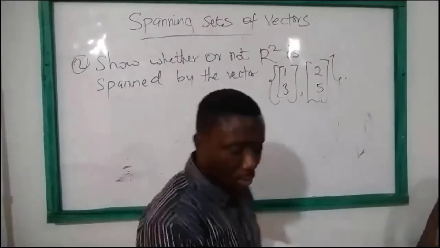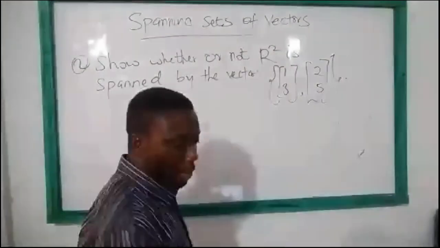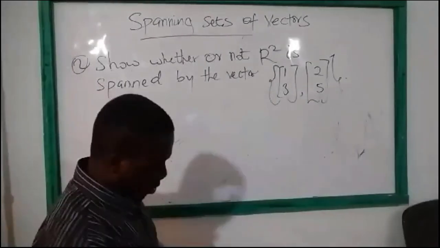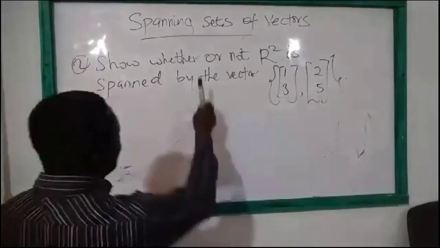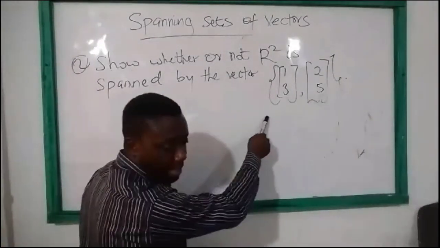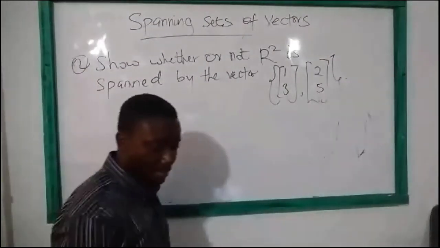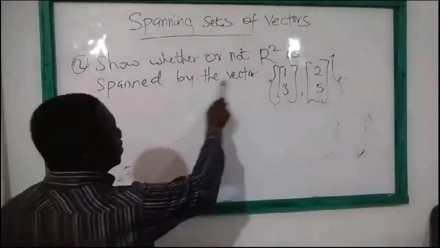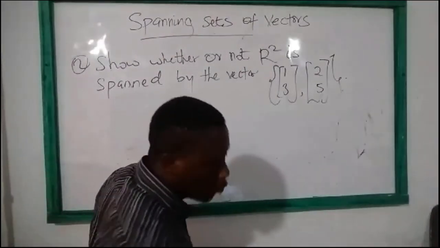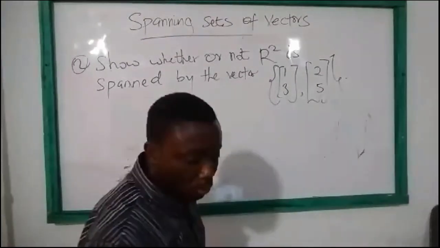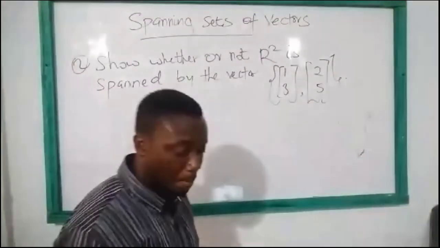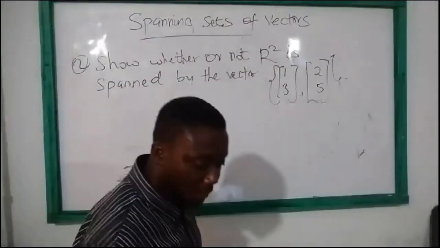All right, so with this one, we have to show whether this set of vectors 1, 3 and 2, 5 spans R2. This time around, the vector is not given.